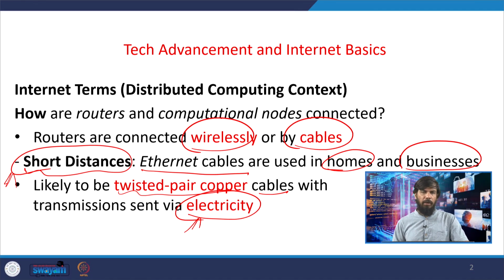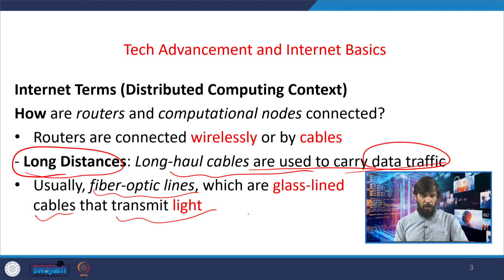The speed that you might experience is constrained by the Ethernet or copper cabling, because electricity is being used there for transmission of data. But in case of fiber optic lines, the speed is much faster, because it is light that is being transmitted, which is way faster in comparison to electron speed, right.